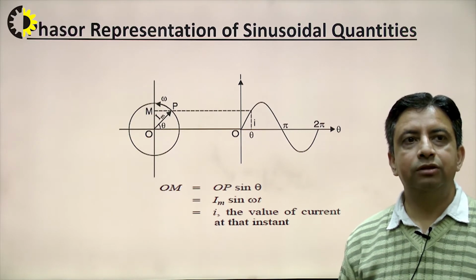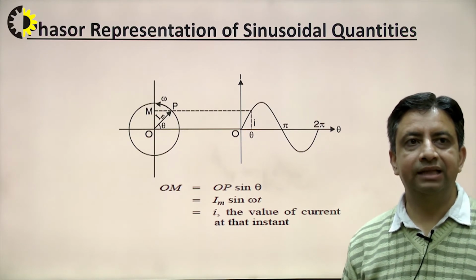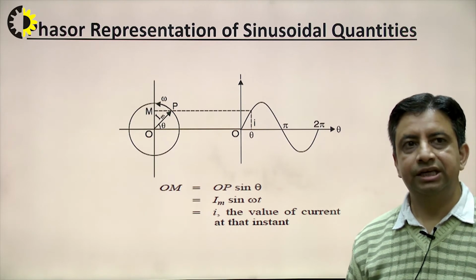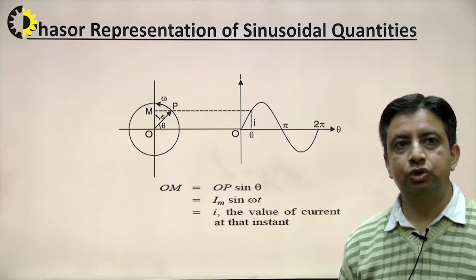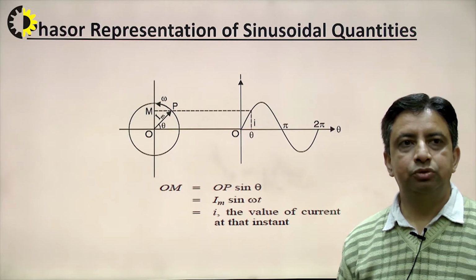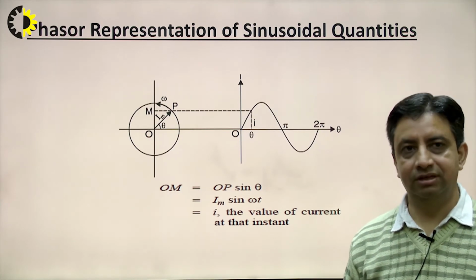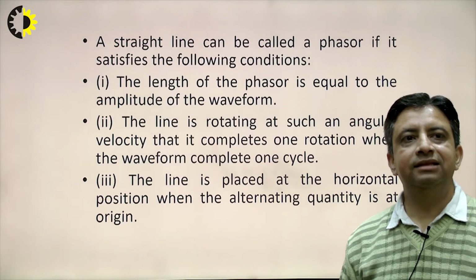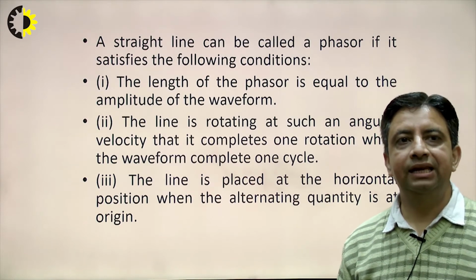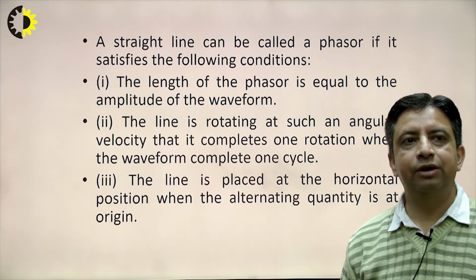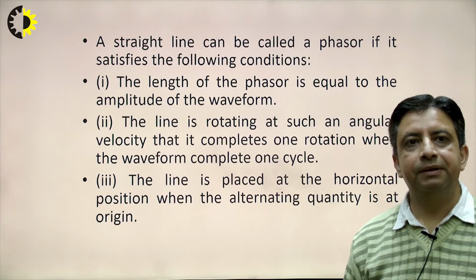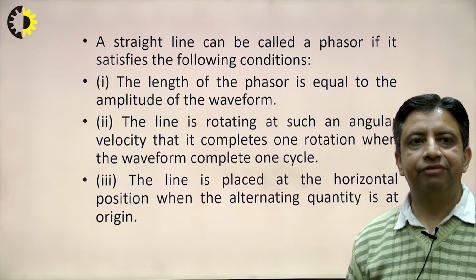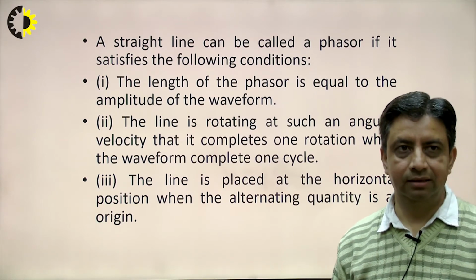So the length of this particular line, as shown in the figure, is OP, and this should be equal to the amplitude of the waveform. So this is the first condition. Second, the line is rotating at such an angular velocity that it completes one rotation when the waveform completes one cycle.